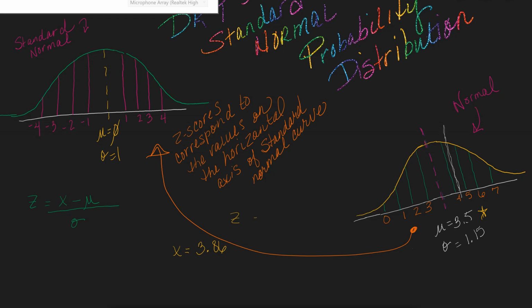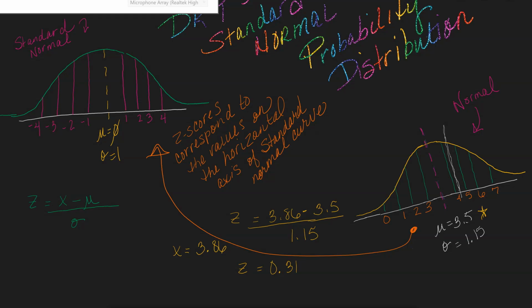So z is equal to 3.86 minus 3.5 divided by the standard deviation, 1.15. All right. Go ahead and pause me for just a minute, plug that into your calculator. Hopefully you and I came up with the same z-score. I came up with 0.31.